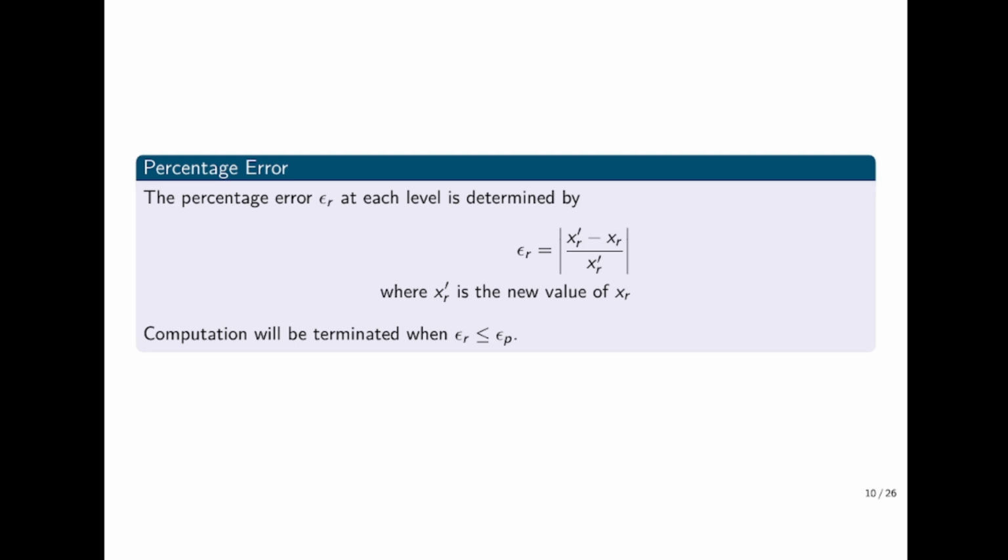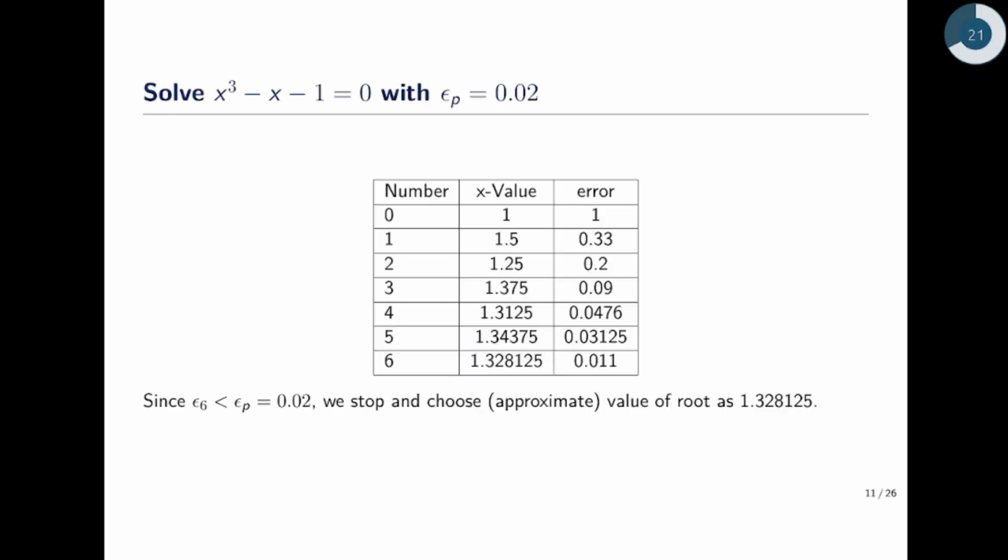So let us go back to the previous problem and check how we are applying this. Already we have calculated up to x6 starting from x0. Now we assume that our epsilon p is 0.02. By the previous formula, at each step we will calculate the error.